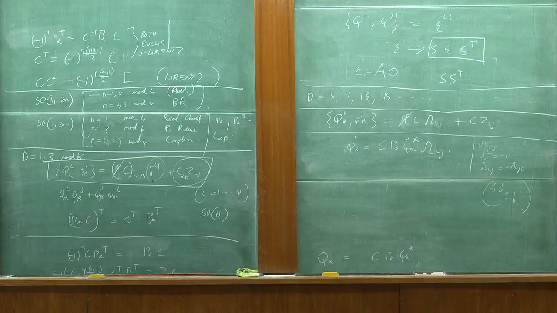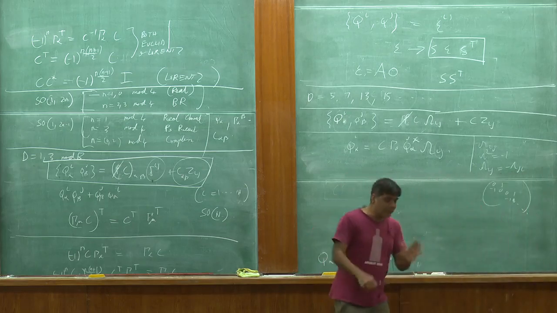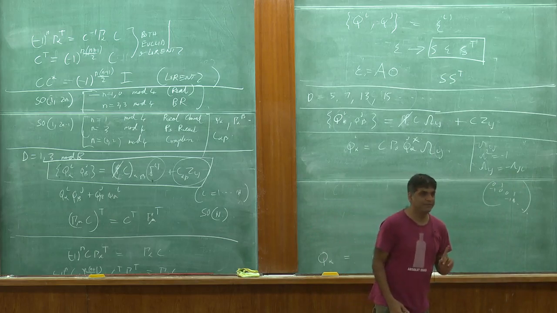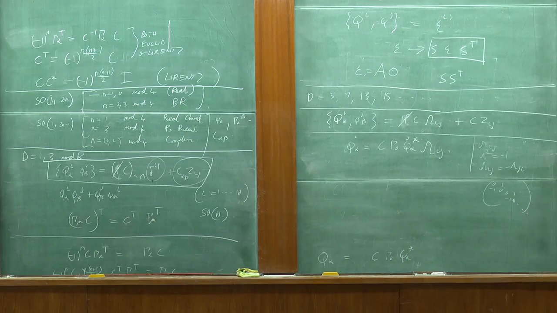Okay, but if we choose to impose these reality conditions, two things have to be reassessed in this dimension. First, the question of whether the transpose is working out. And second is the question of whether the reality condition is working out.